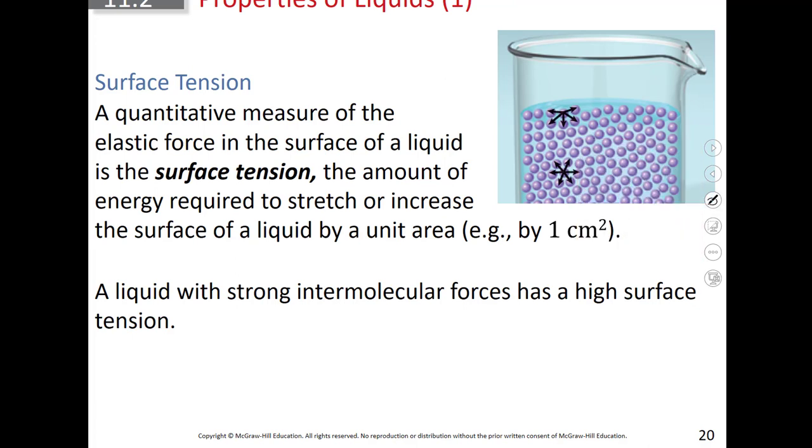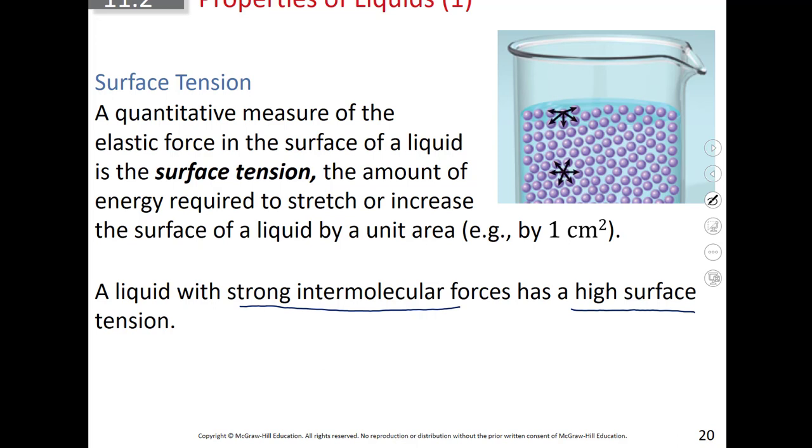It wants to hold on. So in order to have something fall through the water, sink down, it has to break apart those hydrogen bonds. So the stronger the intermolecular interaction, the higher the surface tension. So strong intermolecular forces have high surface tension.